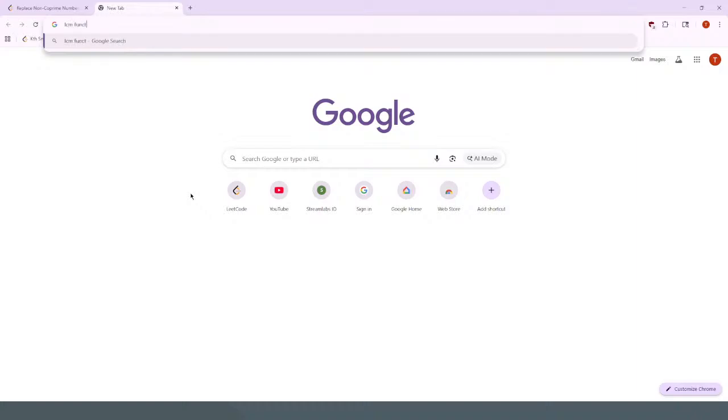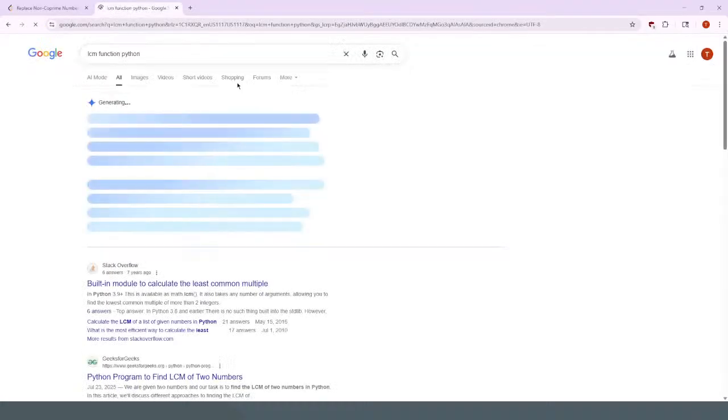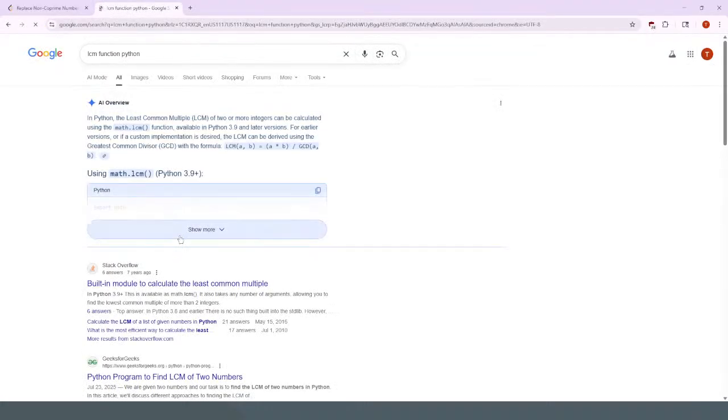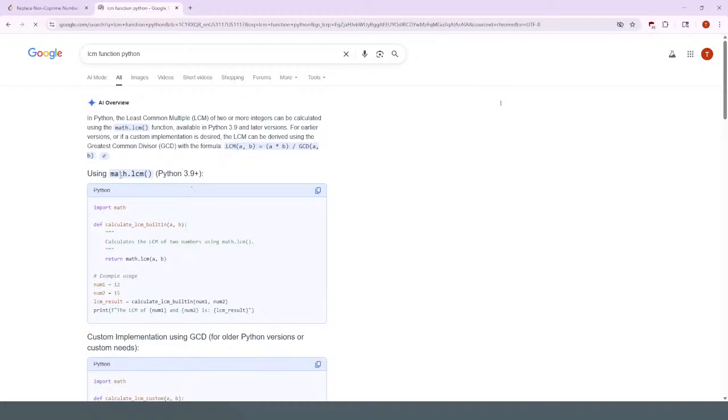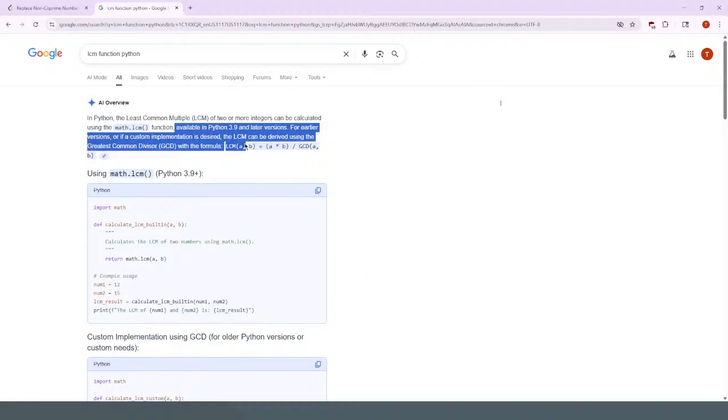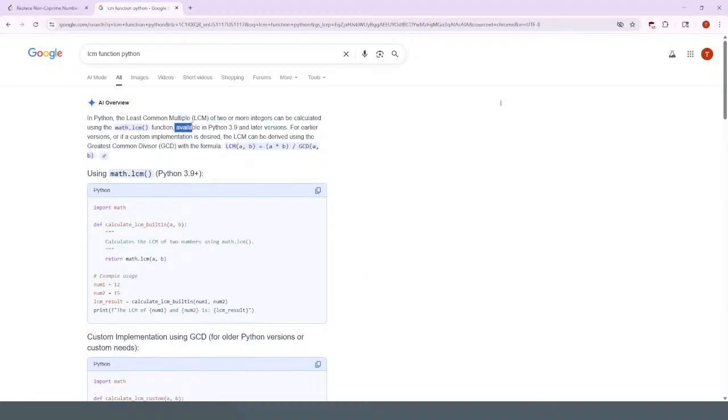Function Python. In Python, the least common multiple of two integers can be calculated using math.lcm, available in 3.9. For earlier versions or if a custom implementation is desired, the least common multiple can be derived using the greatest common divisor formula.